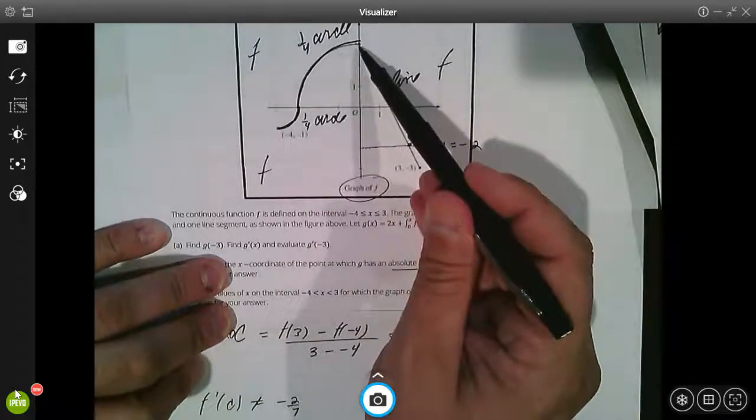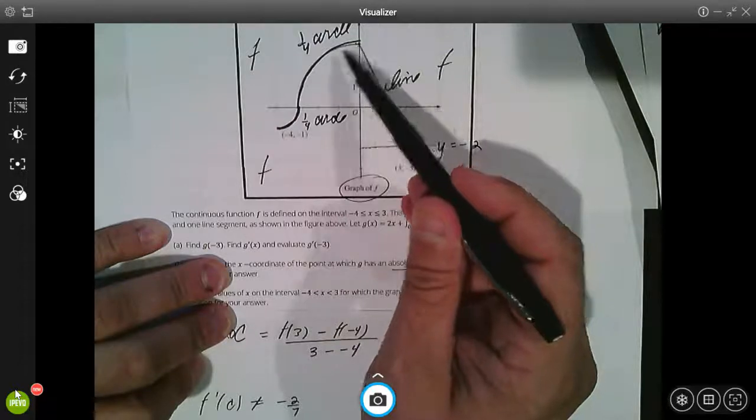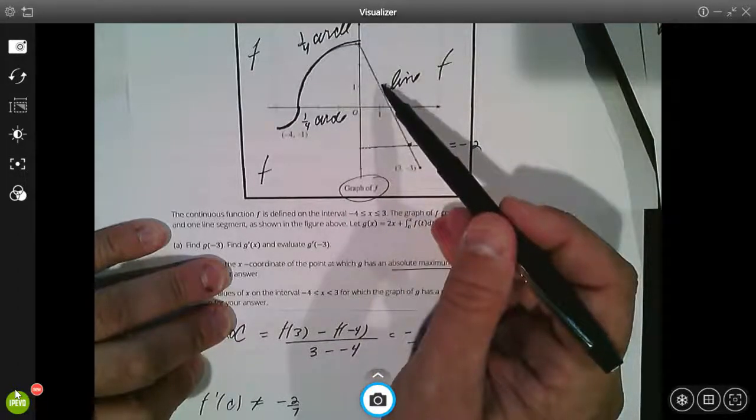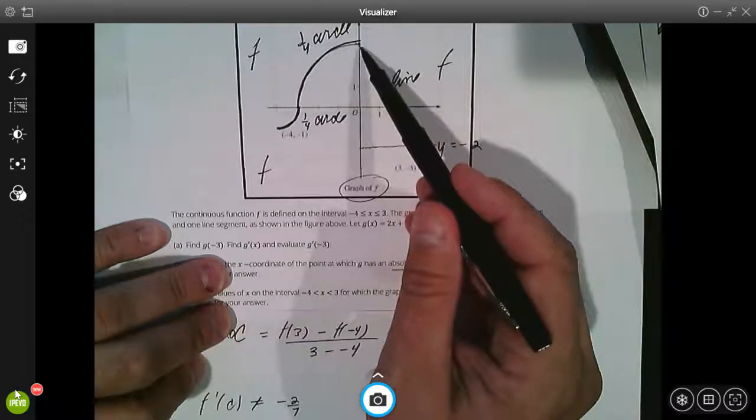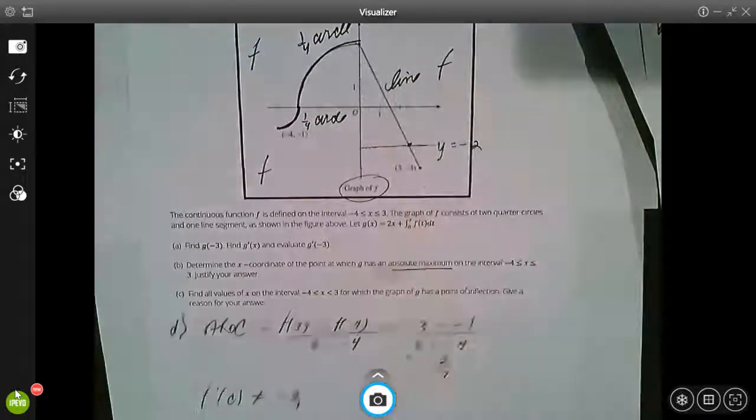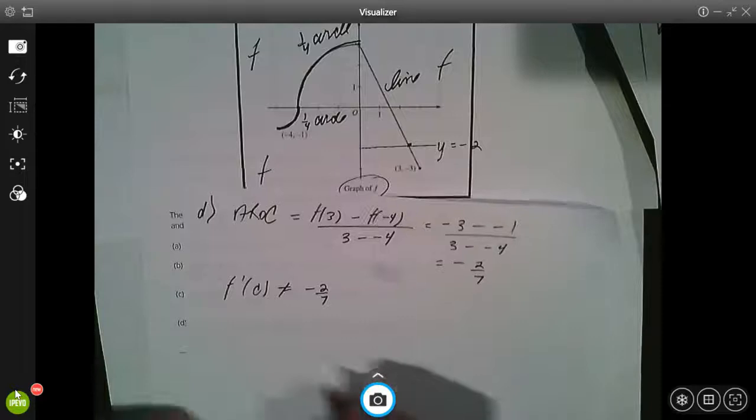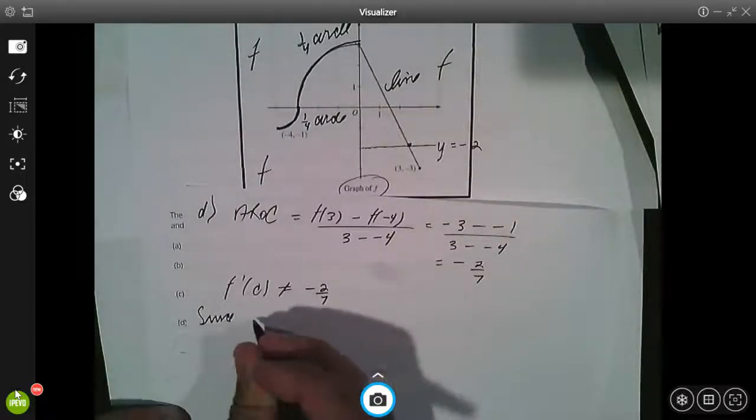And over here at x equals 0, where we have the transition from increasing to decreasing, we have a sharp point, we have a cusp point. So the reason that this isn't a contradiction, you could say this.